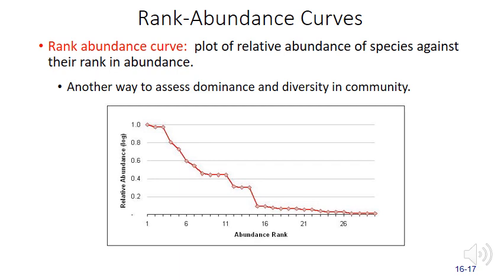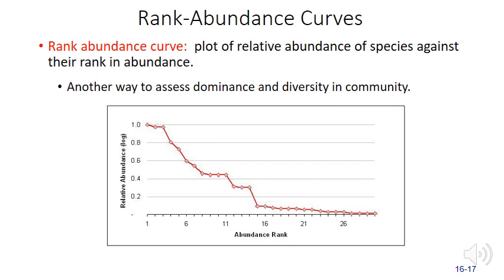Mathematical models like the Shannon-Weiner index and Pielou's J are really good ways for us to estimate and understand elements of community structure. But another tool we use to do this, particularly to look at the distribution of species abundance within a community, is to construct rank abundance curves. So this is a plot of the relative abundance of species against their rank in abundance. So if you look at the graph below, you can see on the x-axis, you have the rank of the species in the community.